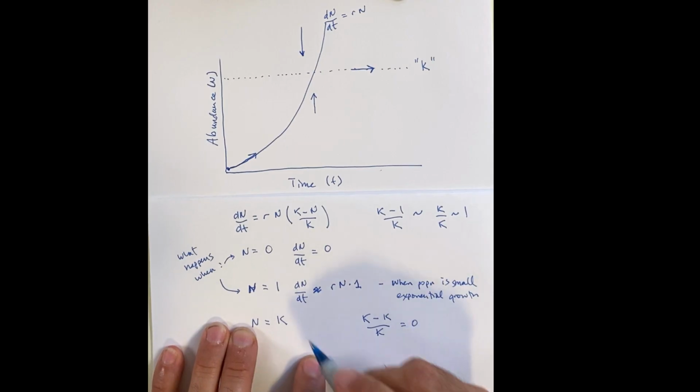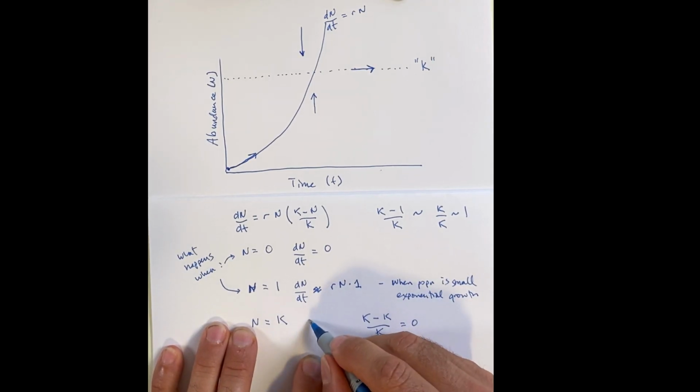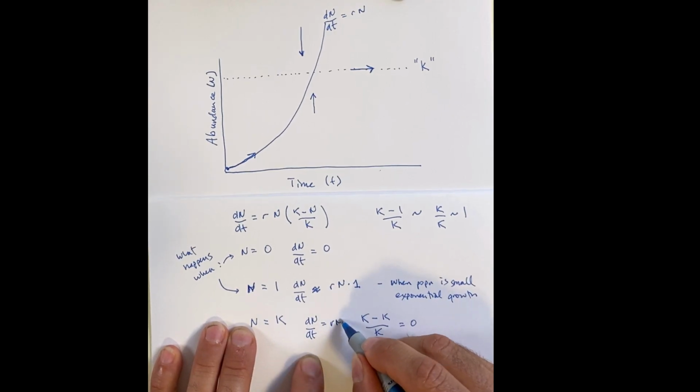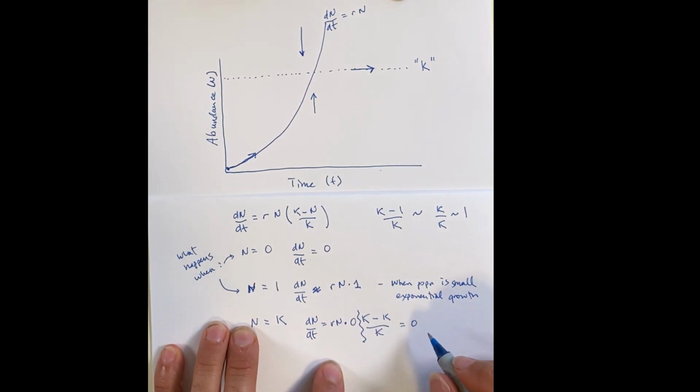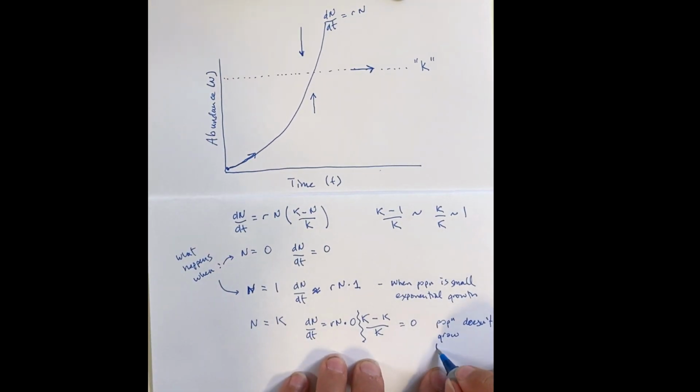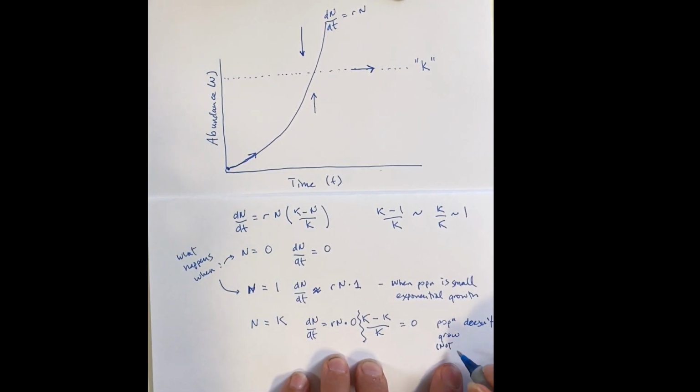And so when you multiply rN times something close to 0, you're going to get something very close to 0. So the rate of change of that population, sorry, these got crammed next to each other, the rate of change of that population is going to be virtually non-existent. So the population doesn't really grow when N is near K.